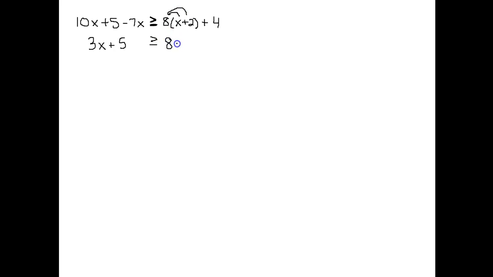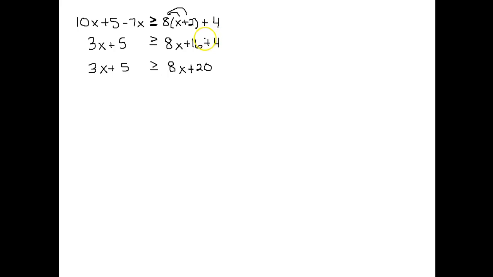So we have 8x plus 16 plus 4. And then also can combine like terms. The 16 and 4 will combine, give us plus 20.